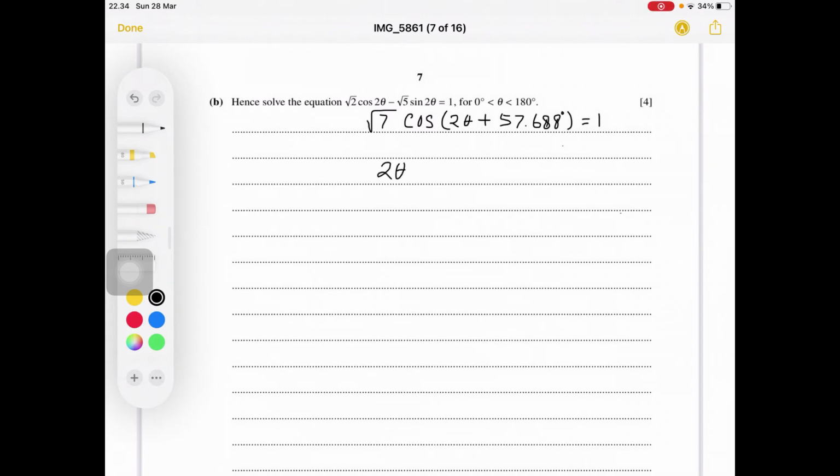So 2 theta plus 57.688 degrees is equal to cos inverse 1 over square root of 7. The values of theta in the given range will be theta is equal to 5.1 degrees or theta is equal to 117.3 degrees.